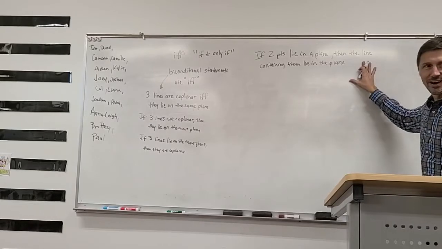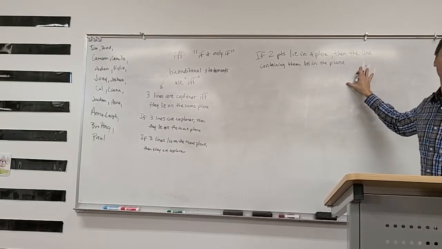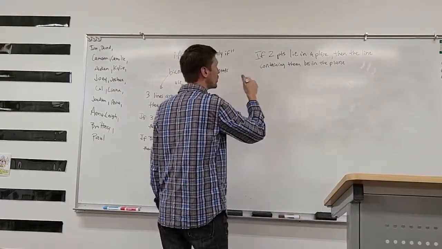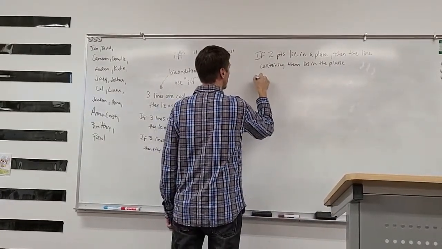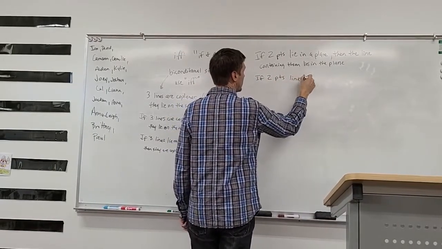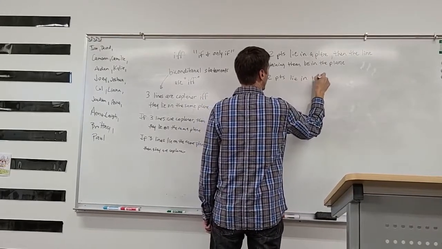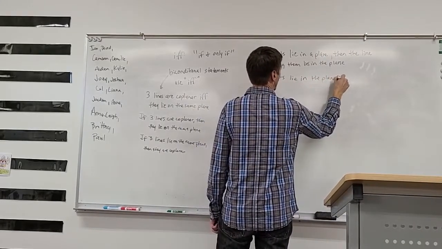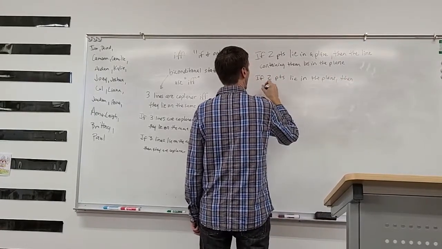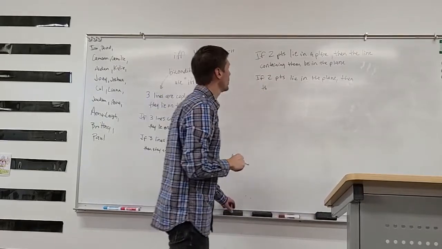All right, what would be the converse of this? For time's sake, I'm just going to tell you, all right? So we're just going to flip it around, right? So if 2 points lie in the plane, then the line, wait a minute, I did this wrong. I did it totally wrong. Why did I do that?